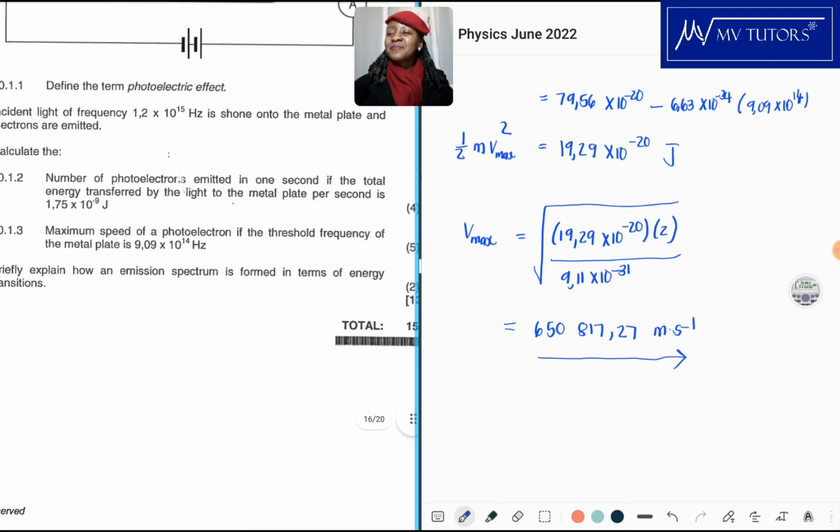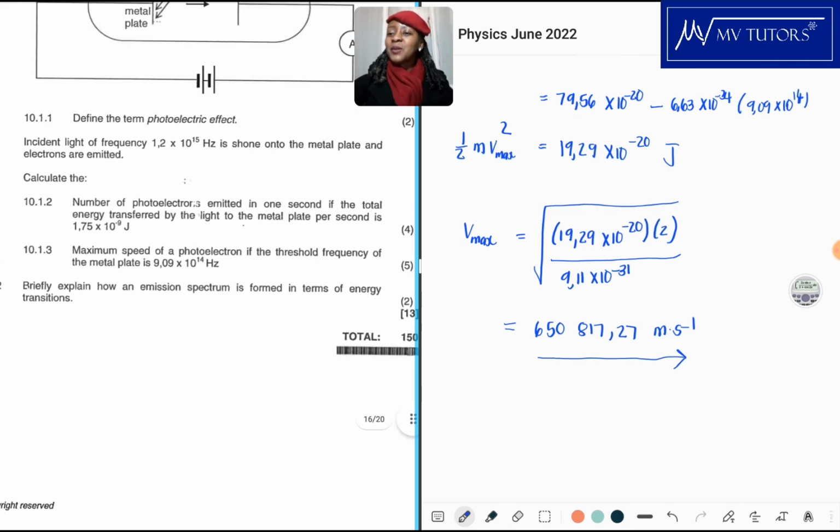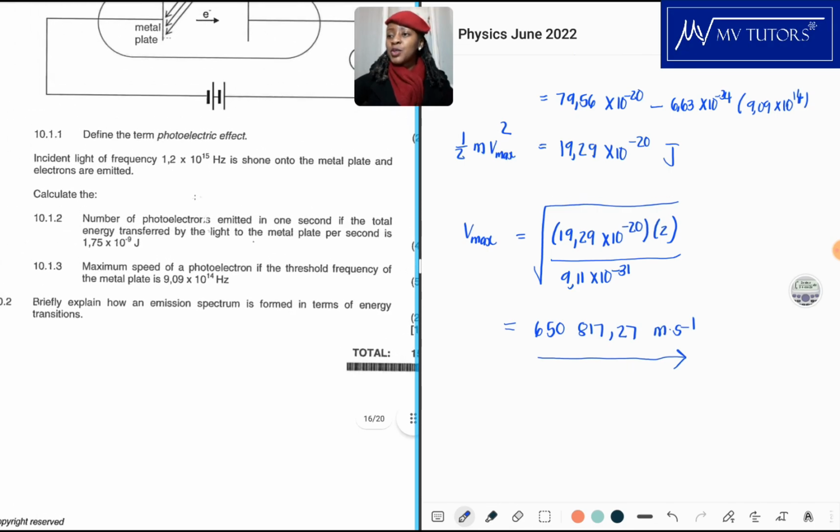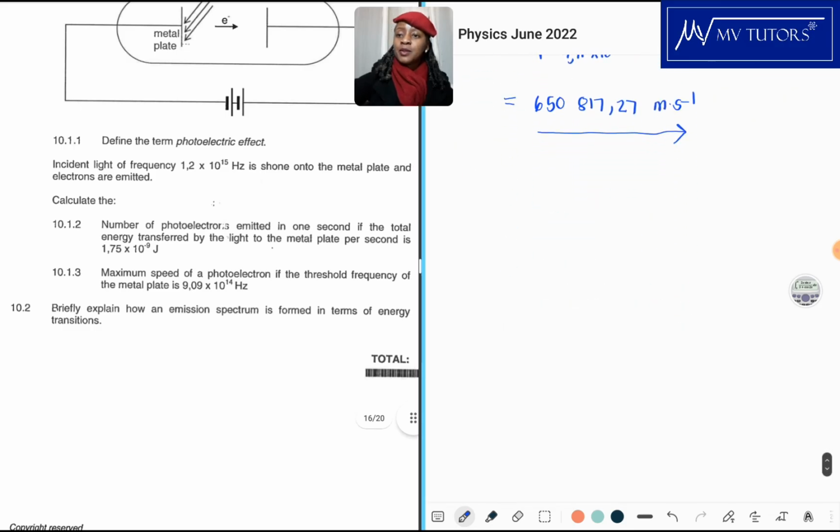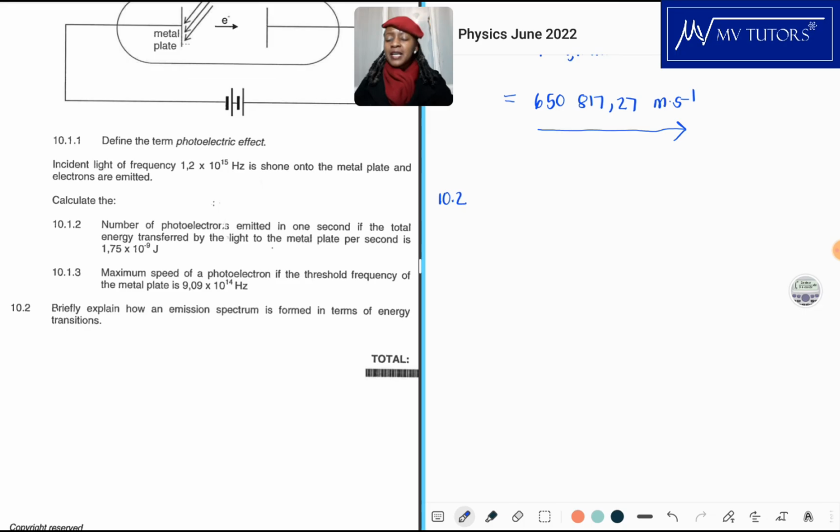All right, and then now 10.2. Briefly explain how an emission spectrum is formed in terms of energy transitions. I will again refer you to our lesson where we explain the emission and the absorption spectra.